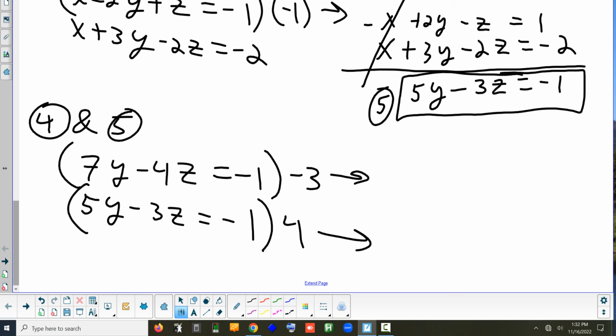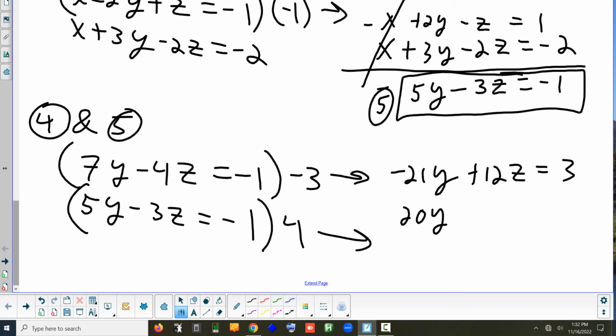Let's try that, and then hopefully we get a nice answer for y, maybe. So we've got -21y plus 12z equals 3. Okay. We get 20y, because when I combine these, I'm only going to get a -1, so that's a nice number.